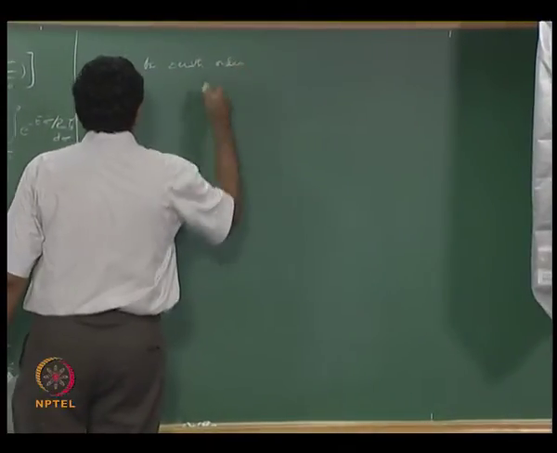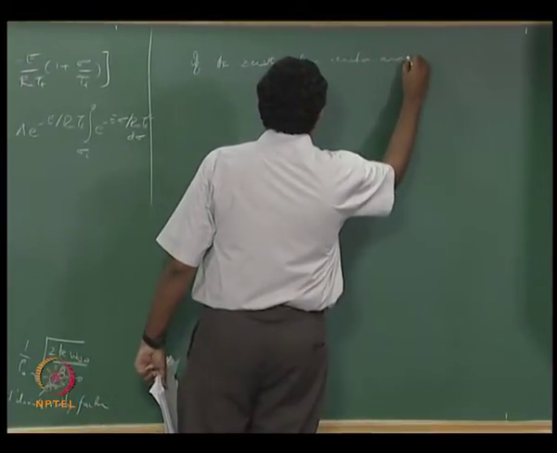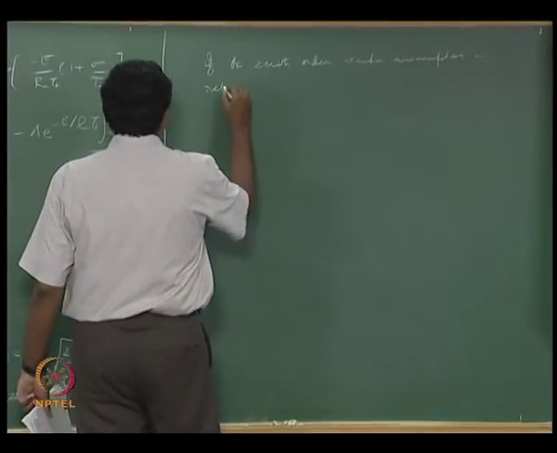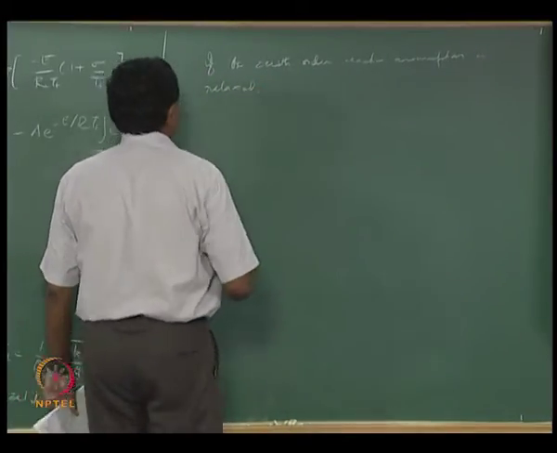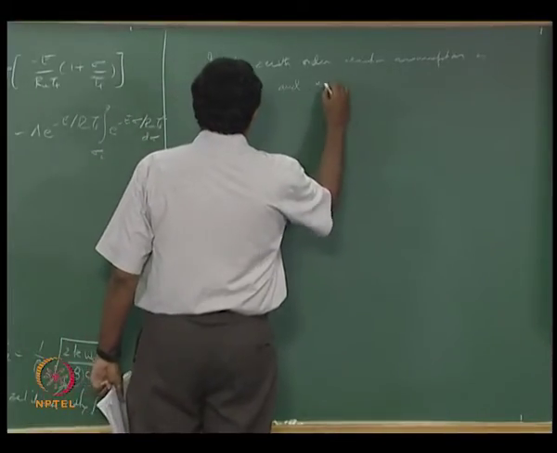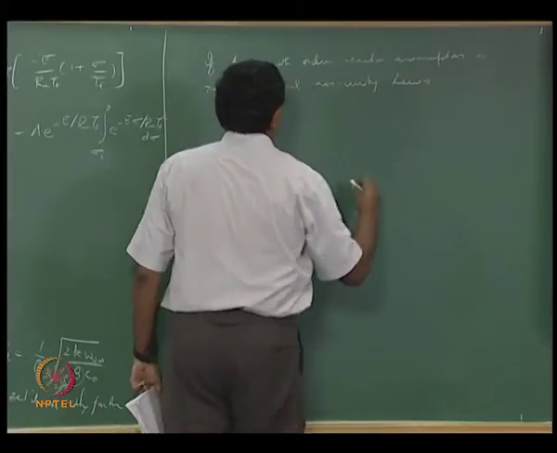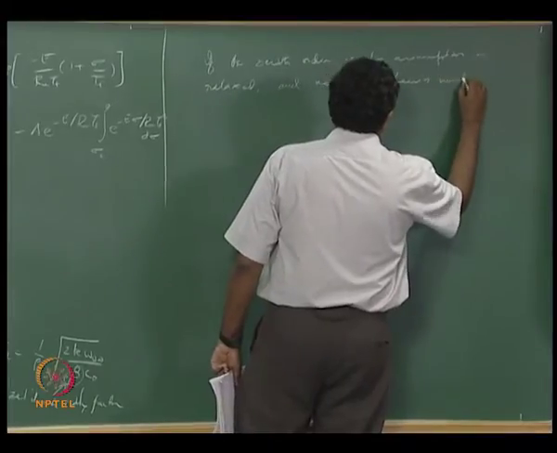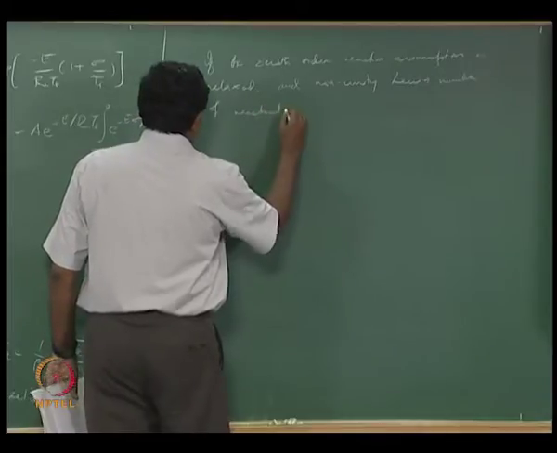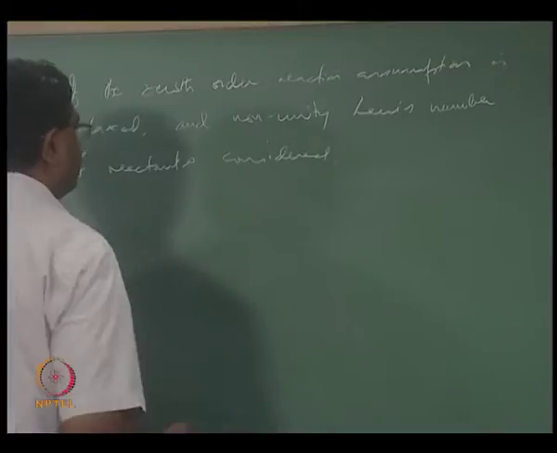So we should be able to retrieve those things if the 0th order reaction assumption is relaxed and non-unity lowest number of reactants is considered, right.